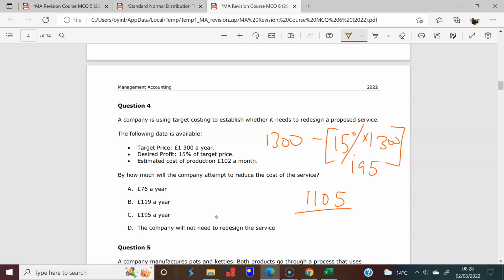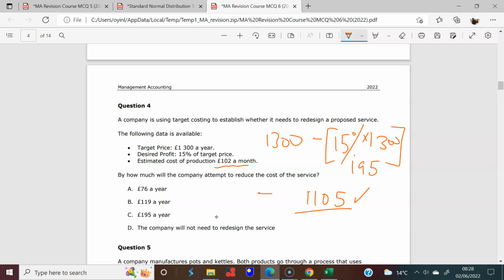Sorry, this is a year, what I just calculated. The estimated cost of production is 102 a month.